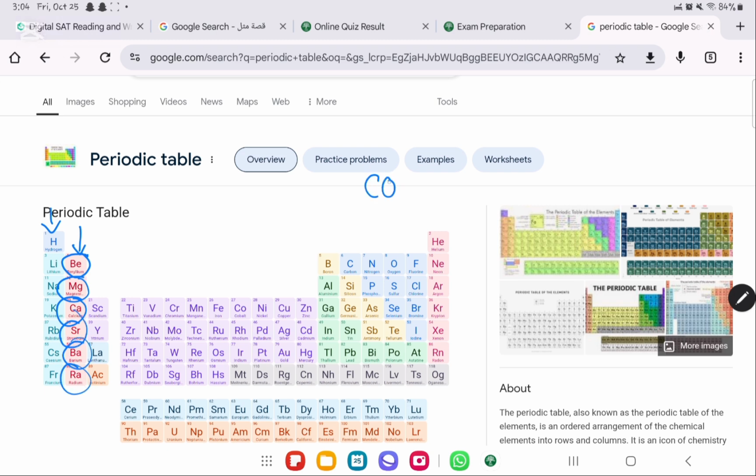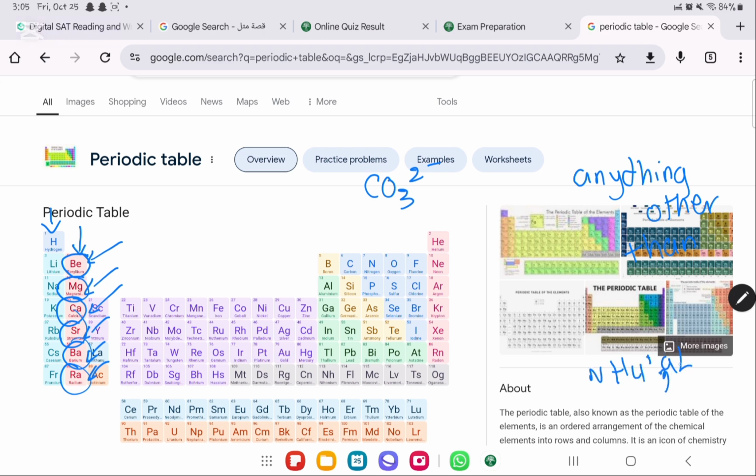And carbonate is what? CO3. Actually, its ion is CO3 2 minus. So according to your memorizing, you will know that anything that is Be, Mg, Ca, Sr, Ba, and Ra, or anything other than NH4 plus, the alkali metals, or H plus, anything other than these is insoluble with CO3 2 minus.